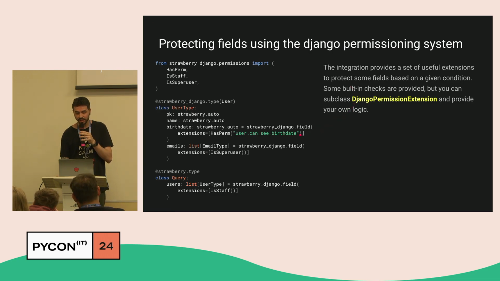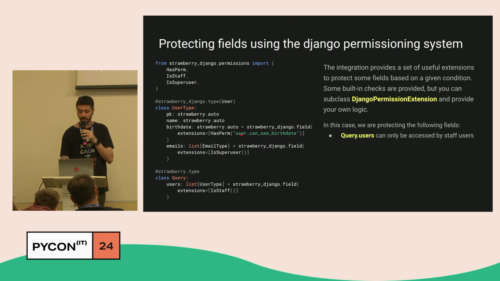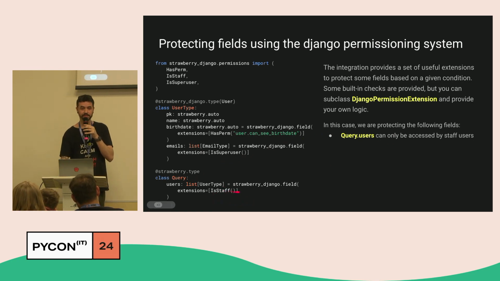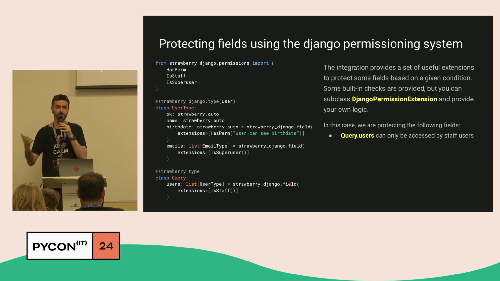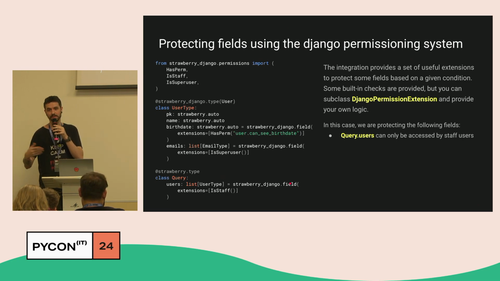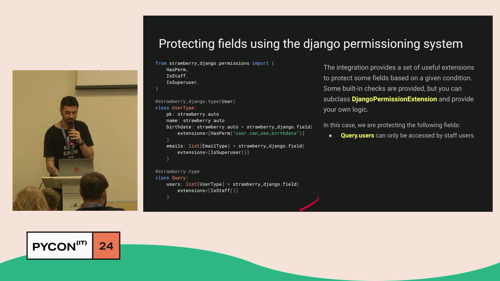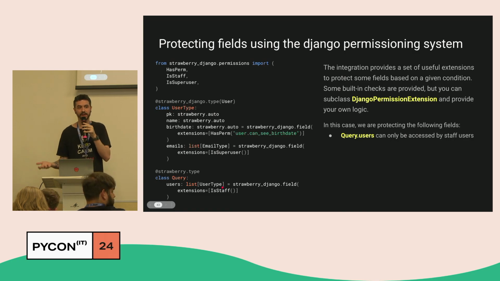But in this case, for example, I am protecting the users themselves. Who can list users? Whoever is a staff. Anyone that works with Django knows that the default user has an isStaff attribute in it, and this permissioning will basically just check for that. If the user is not a staff, it will not allow him to resolve this. Then having resolved the user, who can access the user's emails?